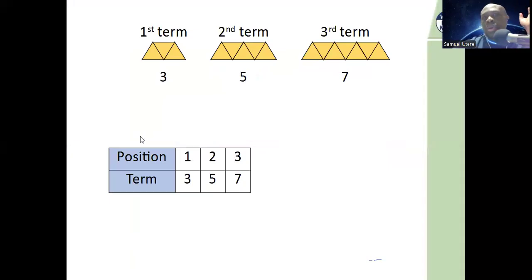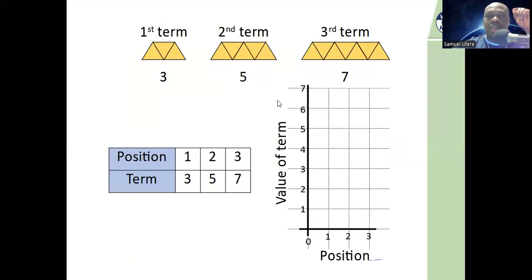Now, remember, the title of our lesson is you need to be able to put sequence in a tabular form, which is this one here, and also in a graphical form. Those are the two skills we really need to learn in this lesson. Now, if we want to put this same sequence in a graphical form, we can have something like this.